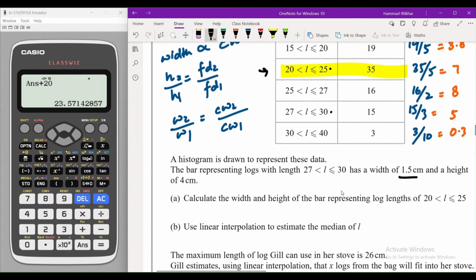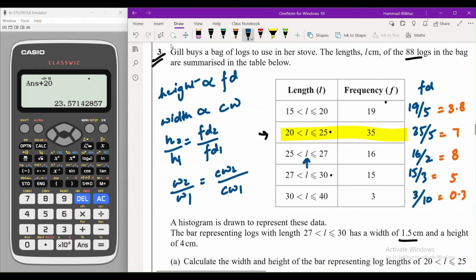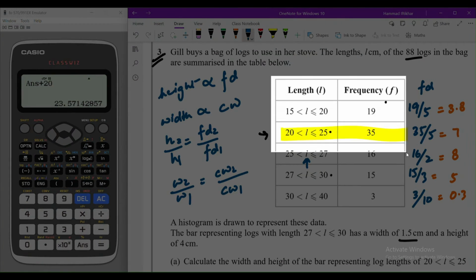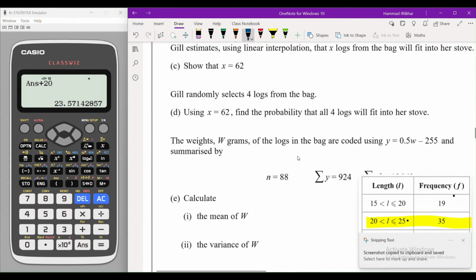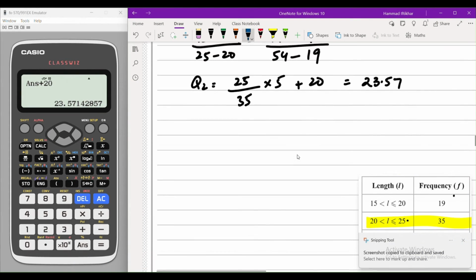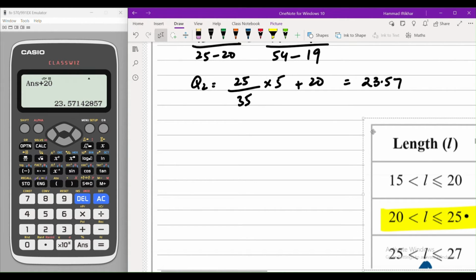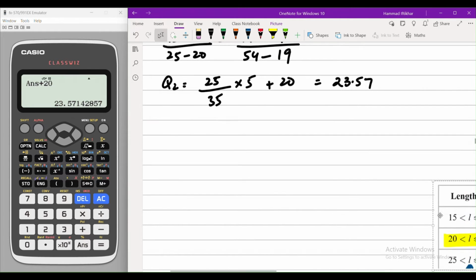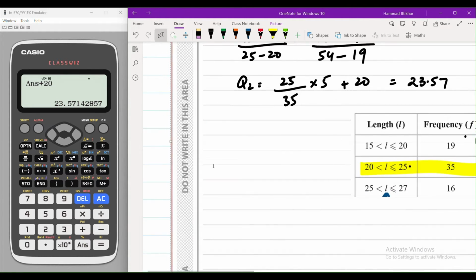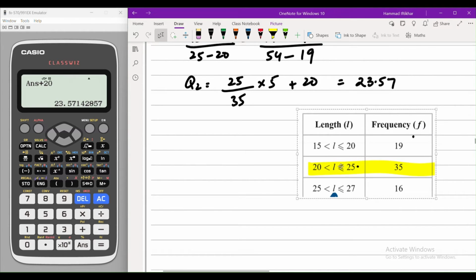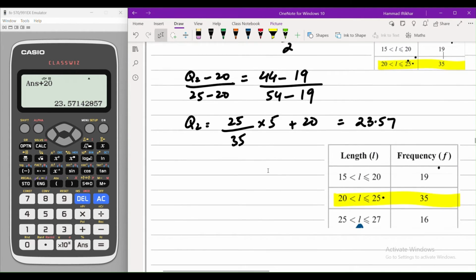So we need to figure out where 26 is. So 26 is in this bar over here. So we need to use linear interpolation again to figure out where it is. So 26 is in this part.